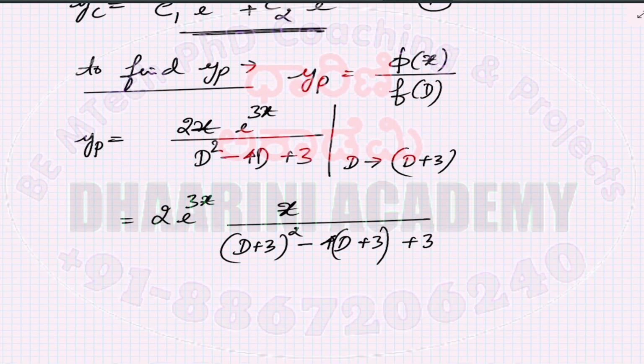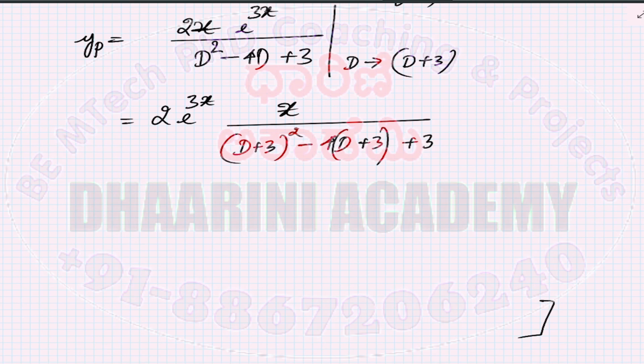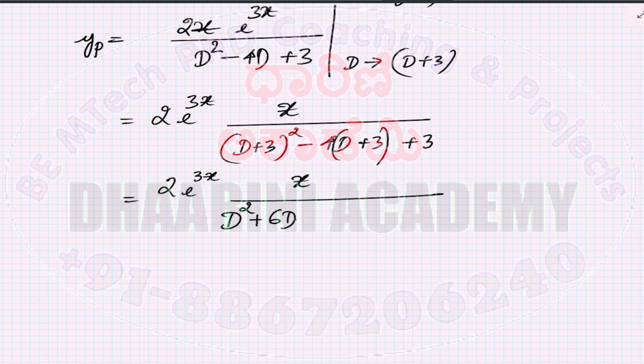Okay, so this means we can simplify this further as 2 into e to the 3x into x divided by, this is D square plus 6D plus 9 minus 4D minus 12 plus 3.